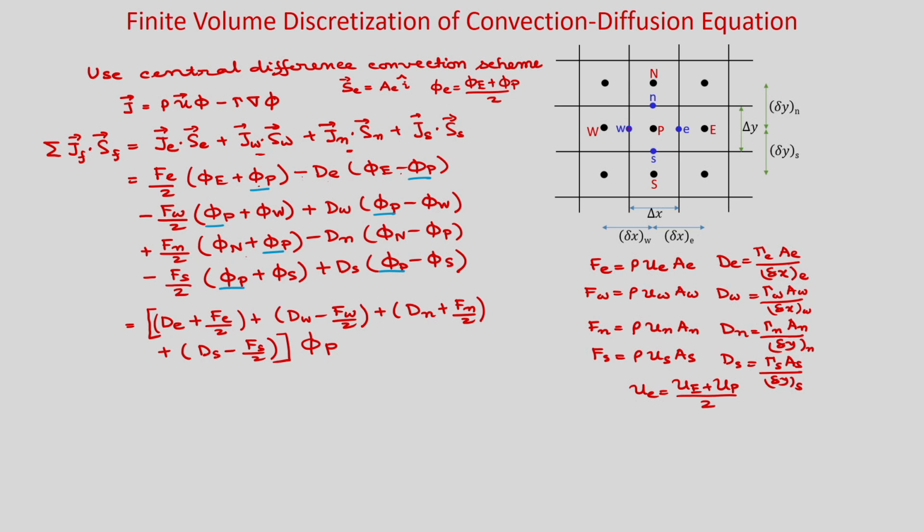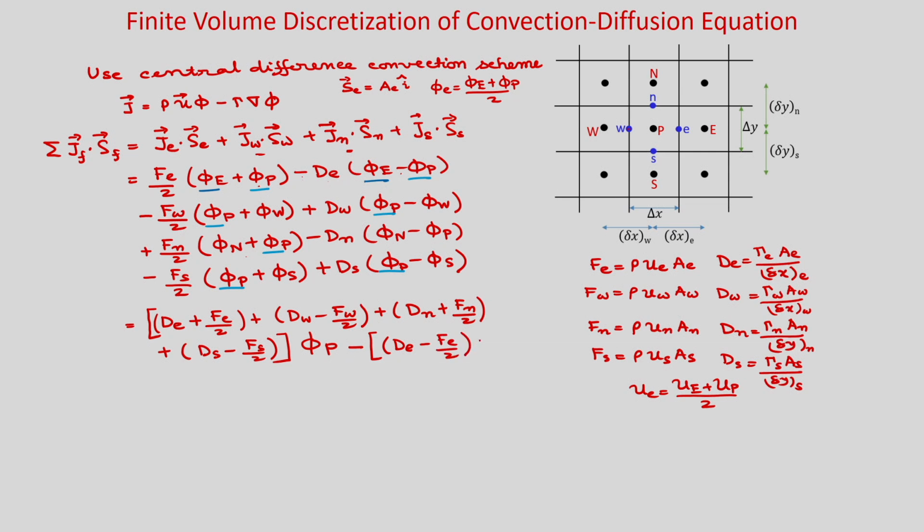Now, for the neighbor terms you can see, so this is your east. So, you can write it. Okay. So, we will write taking that minus, okay. So, we will get D_e. So, this is your minus, we have taken outside. So, D_e and here minus F_e by 2, okay, because it is plus. So, minus I have taken outside.